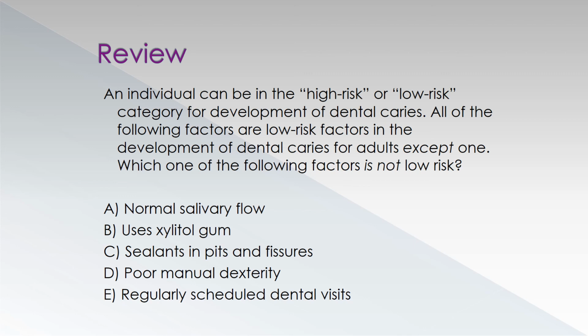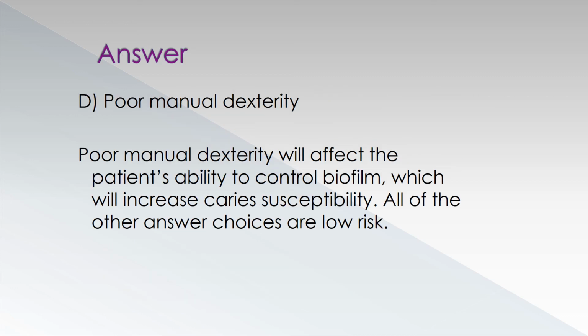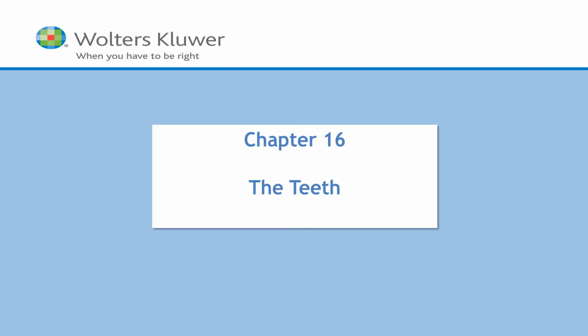Normal salivary flow, uses xylitol gum, sealants on pits and fissures, poor manual dexterity, and regularly scheduled visits. That should have been an easy one. Poor manual dexterity, right? All the others are going to help keep the teeth nice and solid and free of bacterial biofilm buildup. Okay, I will continue with chapter 16 on the next PowerPoint.